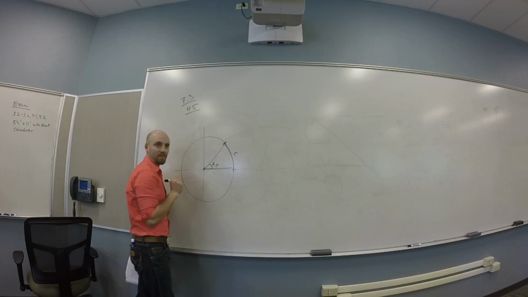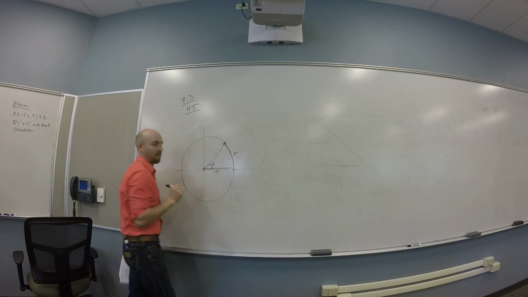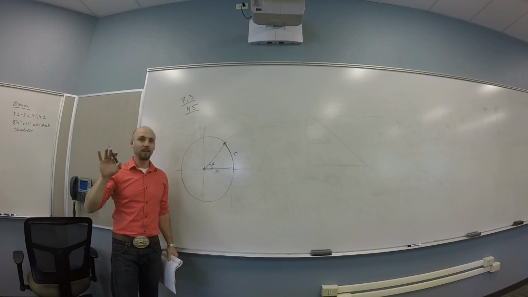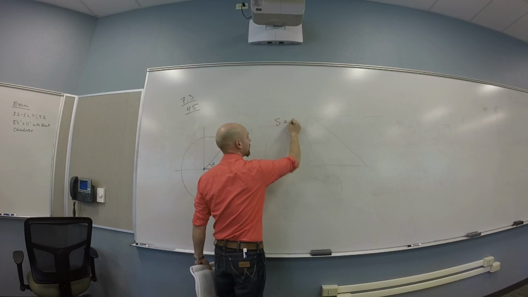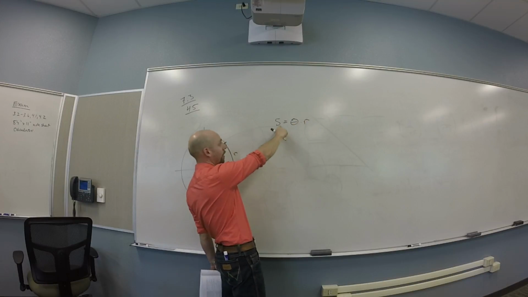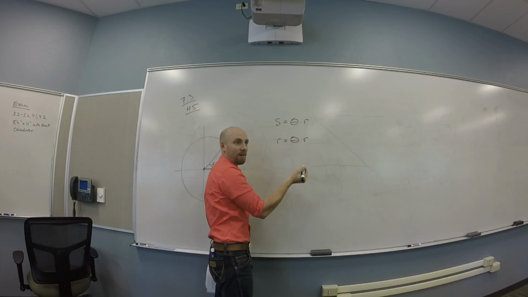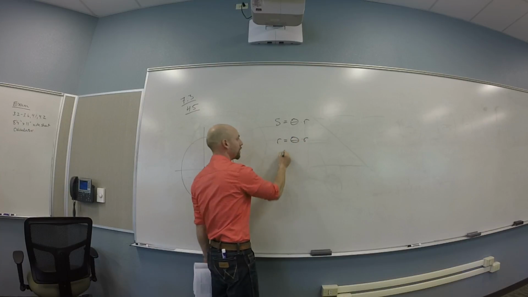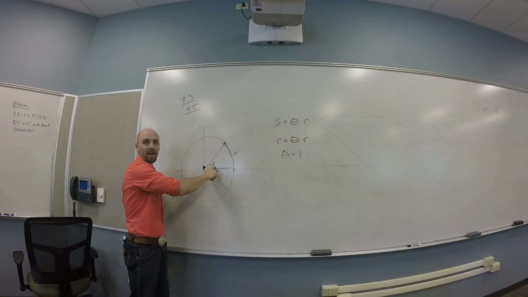Remember for radians, s is theta times r. If I put r in for s, r is theta times r, so theta would be 1. You see that? So this is 1 radian.